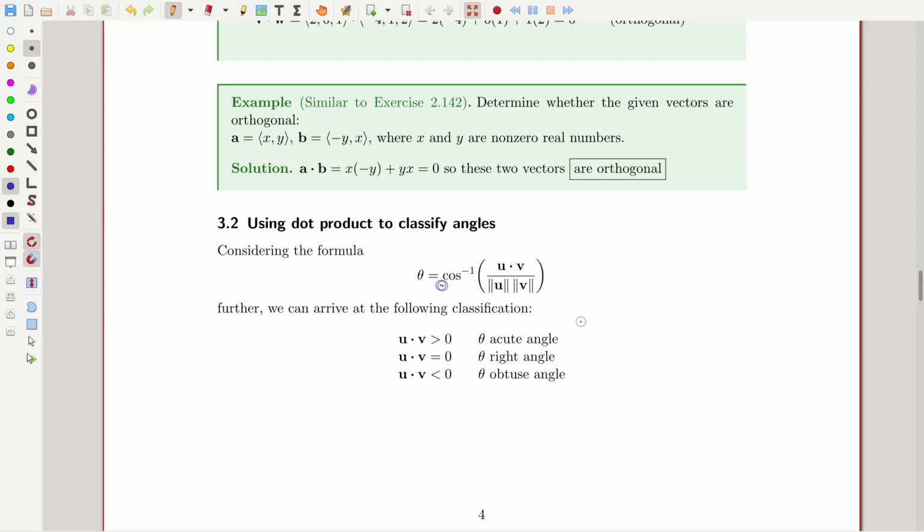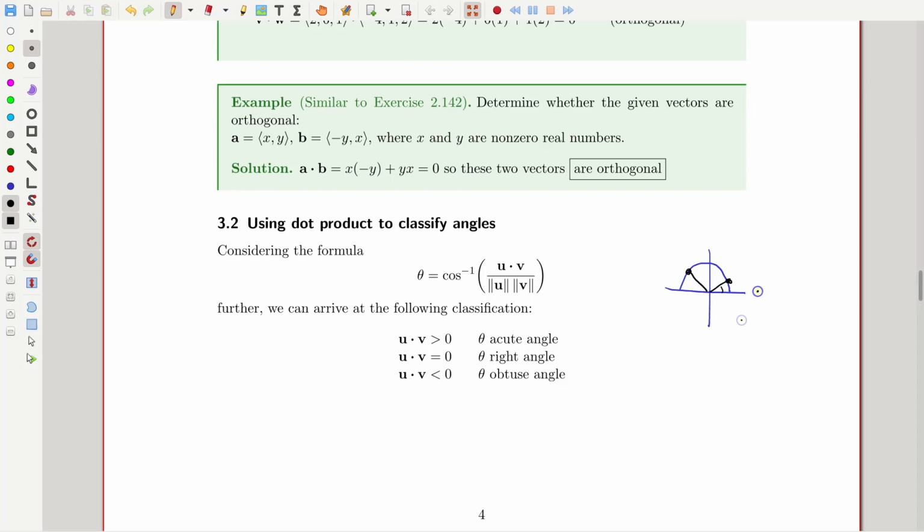And by thinking about how inverse cosine operates, it returns a result in either the first or second quadrant. And you can think about when does it return an angle in the first quadrant versus when does it return an angle in the second quadrant?